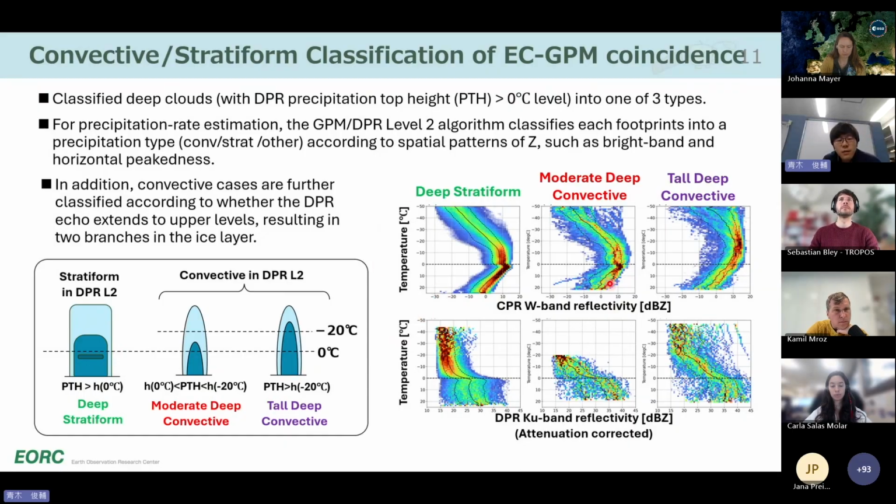This shows different features among the different types. Especially we focus on the deep convective type; the distribution is more variable than the stratiform type. The tall one and the moderate one show a different feature above the melting layer, splitting into two different ways.